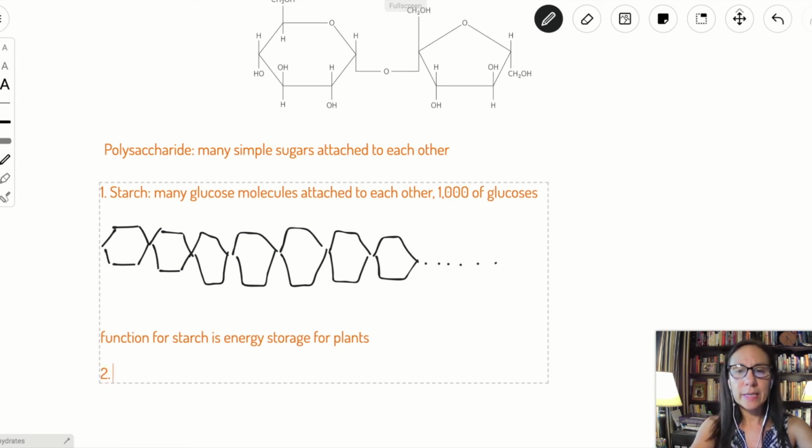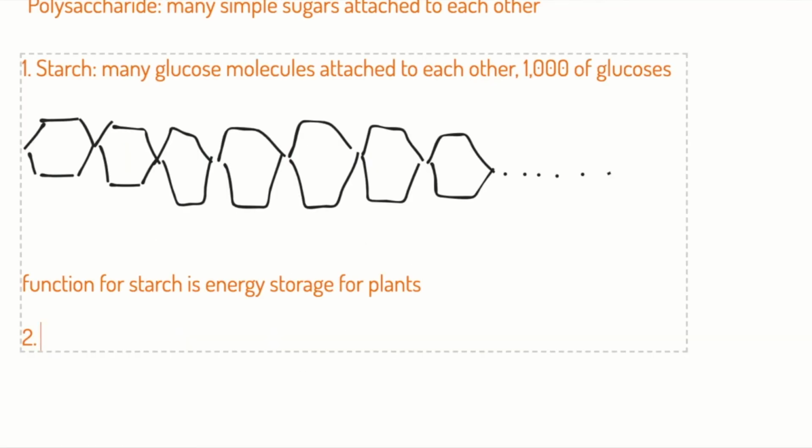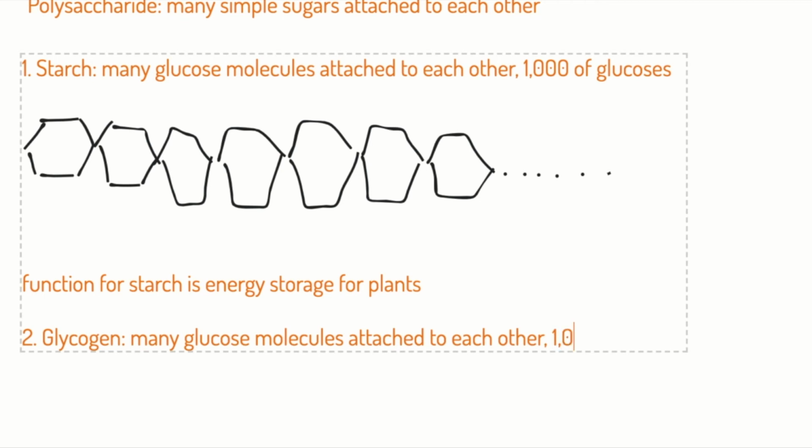Okay, the second polysaccharide that I want to give you an example of is called glycogen. Okay, and glycogen is also many glucose molecules attached to each other. So again, thousands of glucoses.